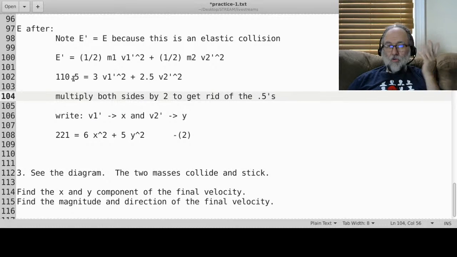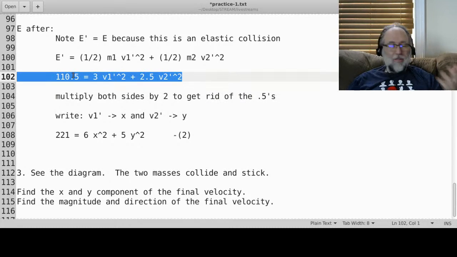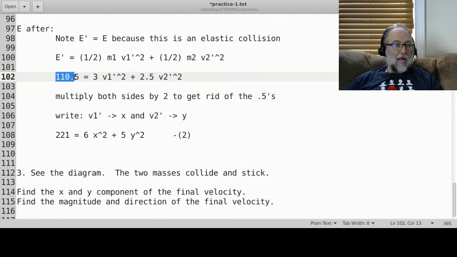Again, don't let that be mysterious at all. I'm just trying to make this as easy to see as possible. If you work this through and you didn't multiply by 2 on both sides, it would work out just fine, okay? So if you multiply 110.5 by 2, you get 221. If you multiply 3 by 2, you get 6, and if you multiply 2.5 by 2, you get 5, okay?